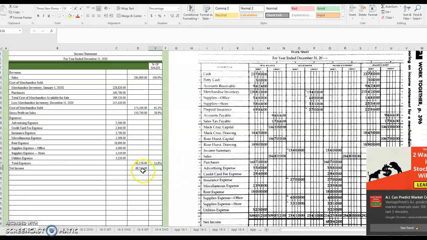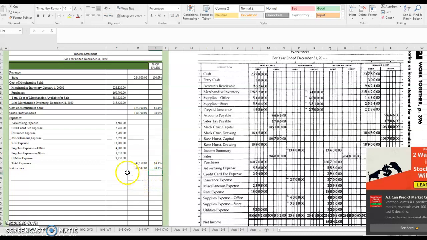Our income, if we took this divided by this, because we're always going back to sales, what percentage of sales, we would get 24.1% of our total sales was considered income. So that means the other 75.9 is what we're paying out, and we pay out for our expenses and we pay out for our merchandise.